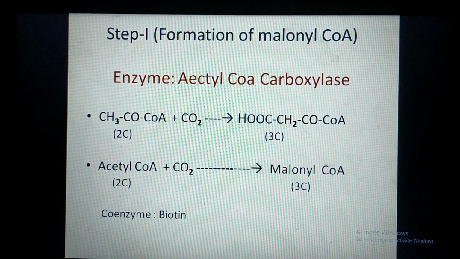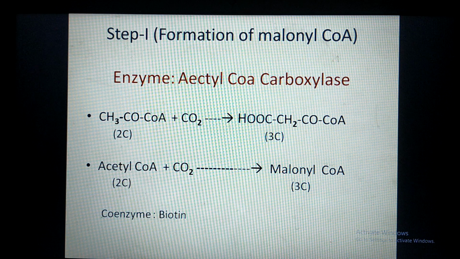So this is step 1 of fatty acid synthesis pathway. Here malonyl CoA is formed. So acetyl CoA combines with carbon dioxide to form 3-carbon malonyl CoA with the help of enzyme acetyl CoA carboxylase. So this acetyl CoA carboxylase is the only free enzyme of this pathway.